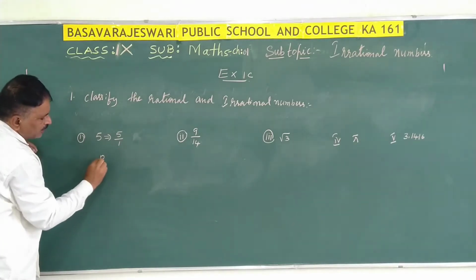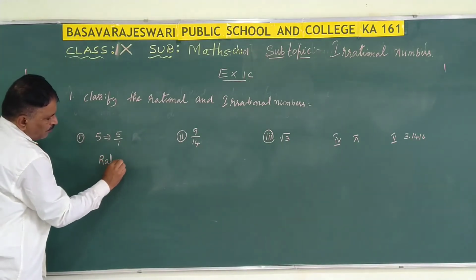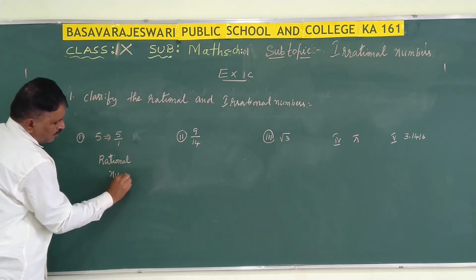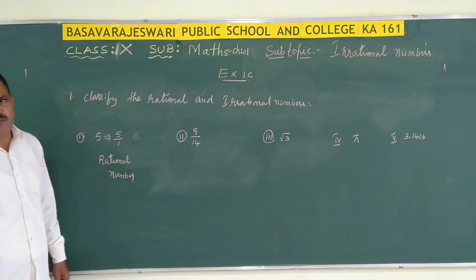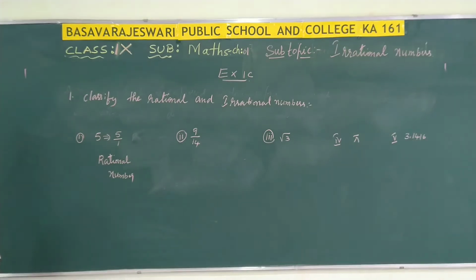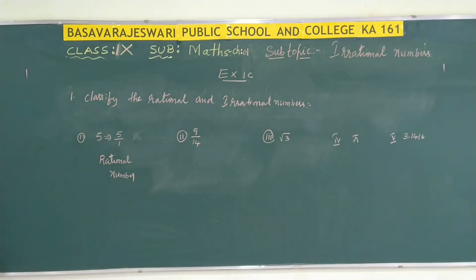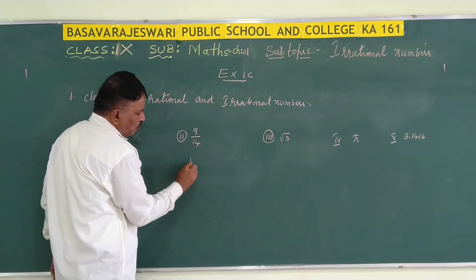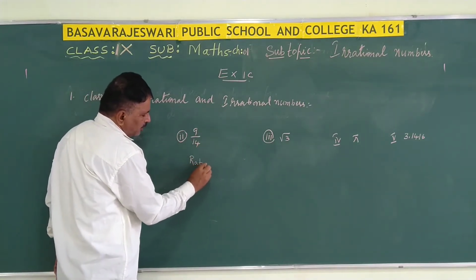Next is 9 by 14. It is in the form of p by q, hence it is also a rational number.